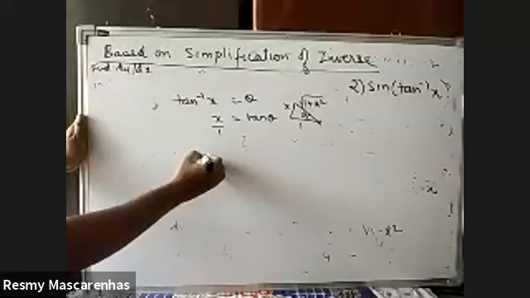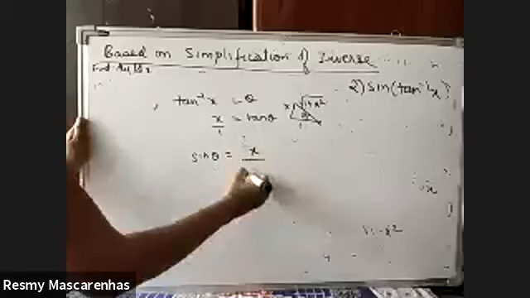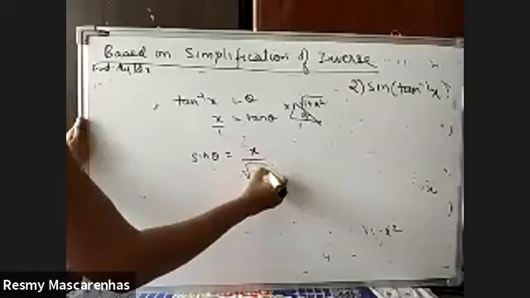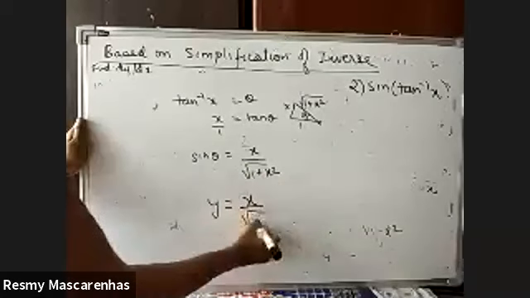Sine theta will be opposite upon hypotenuse. So this is nothing but y. And now you differentiate.